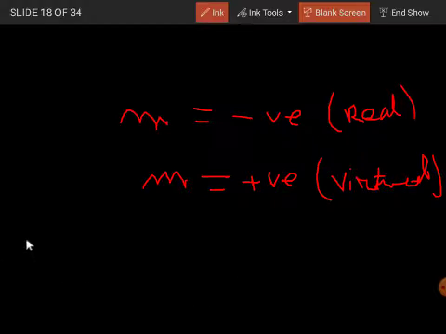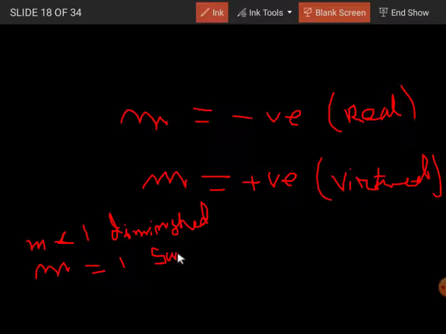If the magnification m is less than 1, then it indicates that the image size is diminished, that means smaller in size. And if the magnification m is coming out to be 1, that means it is the same size.